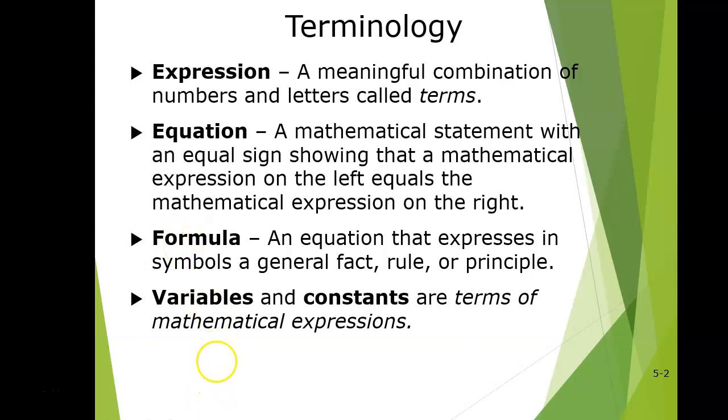Then we have variables and constants, which are terms of mathematical expressions. So in our example, a person is traveling 65 miles per hour and plans to travel a total of 500 miles. We're trying to figure out how many hours it would take them to reach their destination, and we'll look at how to create an equation, an expression, a formula in order to solve that type of situation.